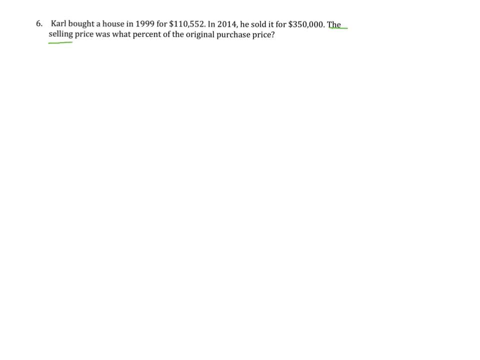The last sentence in my problem describes a percent equation. So I'll take this word sentence and convert it into a number sentence. The selling price, the first three words of the sentence, is $350,000.